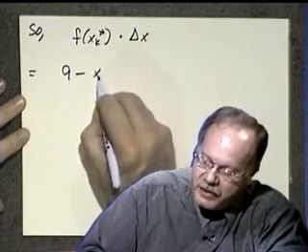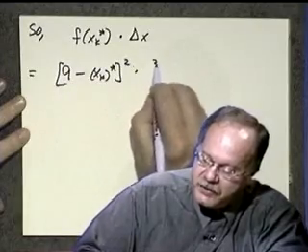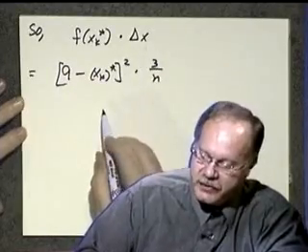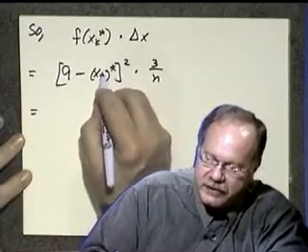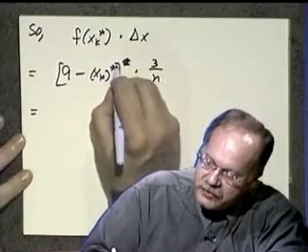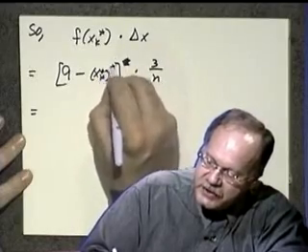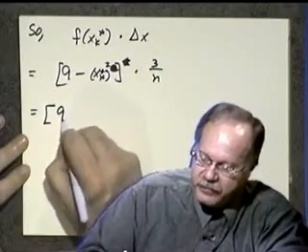So this is 9 minus xk star squared times 3 over n, which is what delta x was. Well, we just figured out xk star. And I wrote this with the square on the outside. That's not right. The square goes on the inside. It's xk star squared. We'll see that in this next expression.